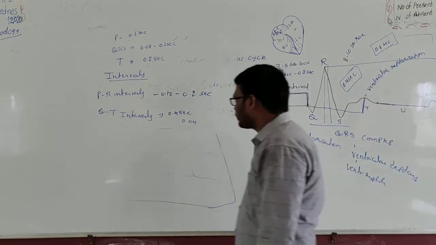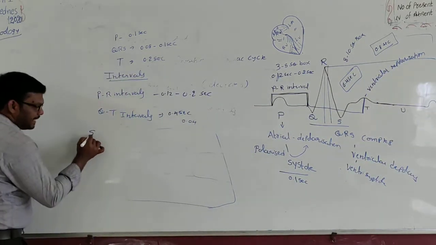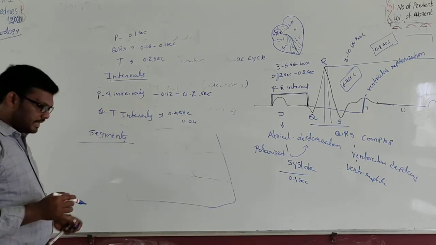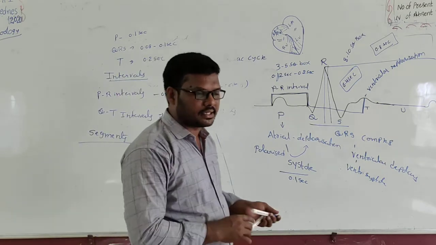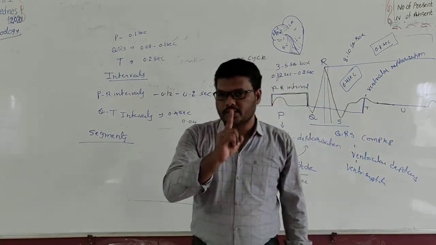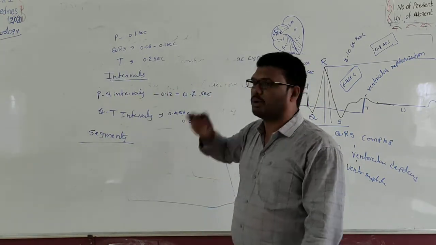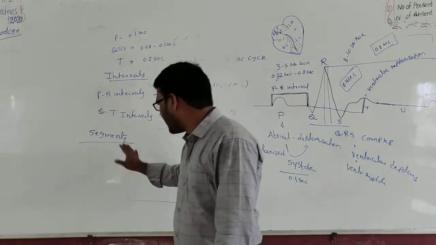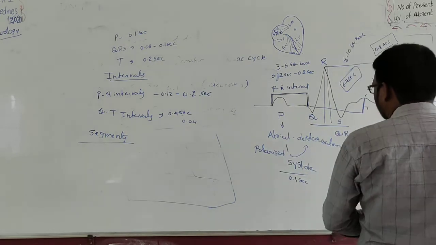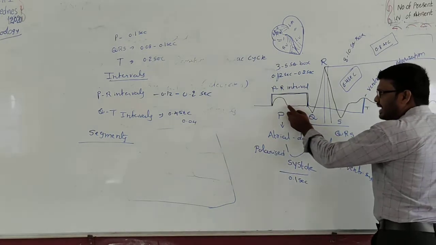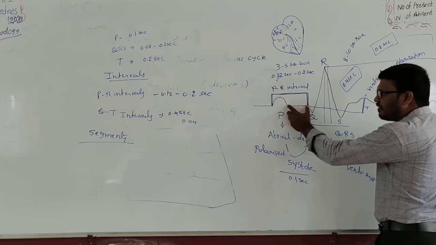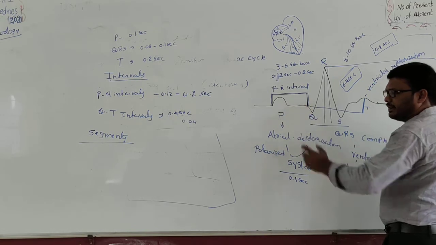Now I can go for the segments. I already said in the cardiac cycle there are three events according to the ECG. One is the waves, the second is the intervals, and the third is the segments. In the segments, the end of P and the starting of Q, this segment is called the PR segment.